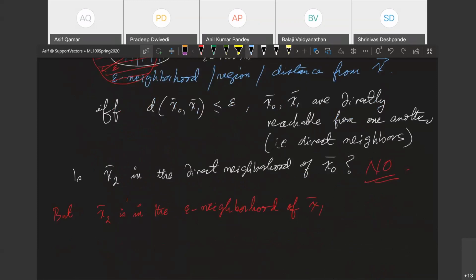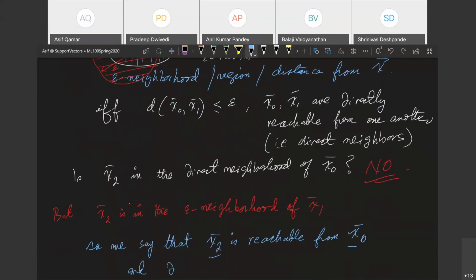So we say that X2 is reachable from X0, and directly reachable from X1, right?